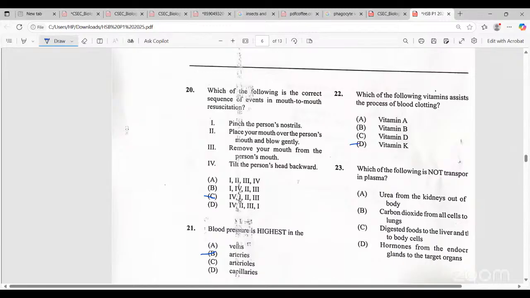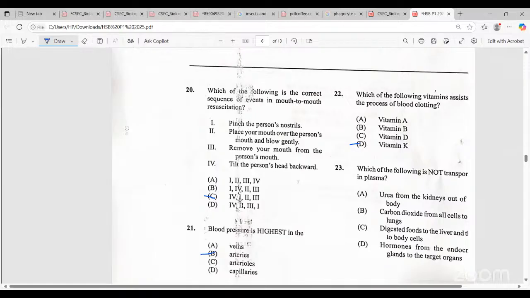23, which of the following is not transported in plasma? All right. And for 23, urea is transported in plasma. That's when the plasma acts as a transport, right, to take the urea to the kidney, right?